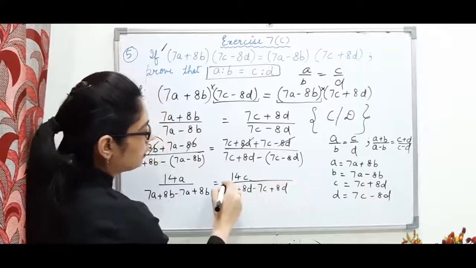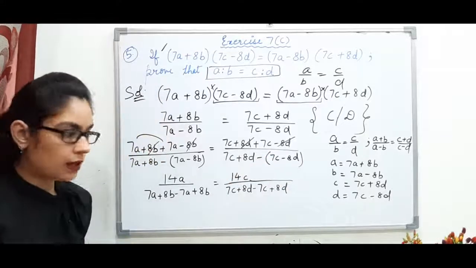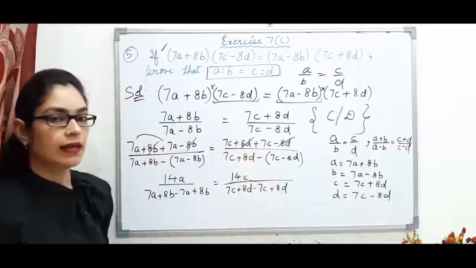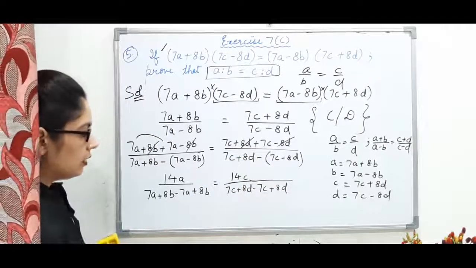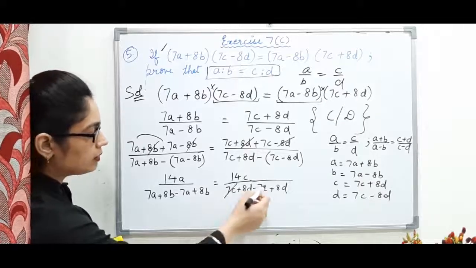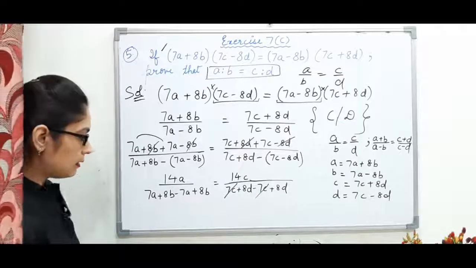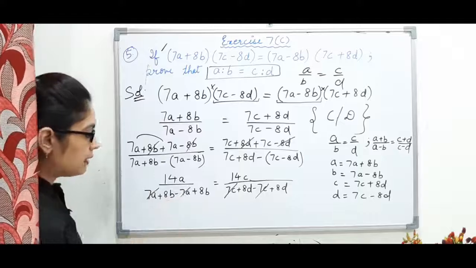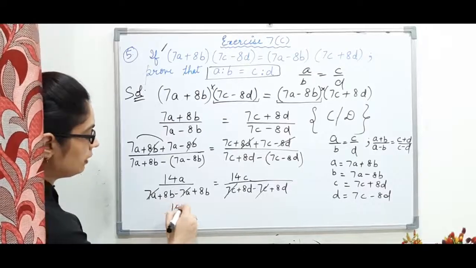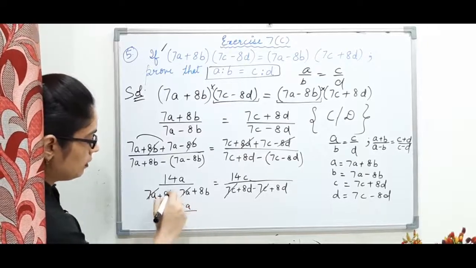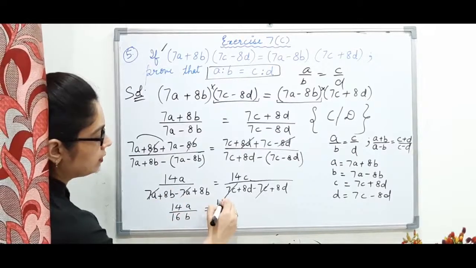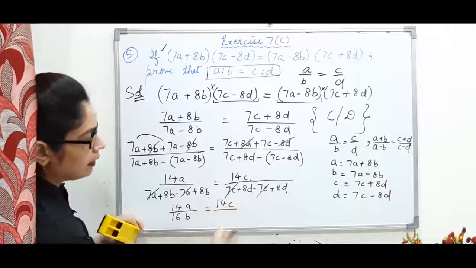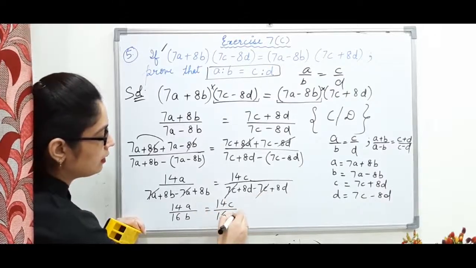You can remember that whenever a minus sign is outside the brackets, we have to change the signs inside. That's why I have changed the signs. Now here also plus 7c and minus 7c will get cancelled. 7a minus 7a will get cancelled. So 14a by 8 plus 8 is 16b, and 14c by 8 plus 8 is 16d.